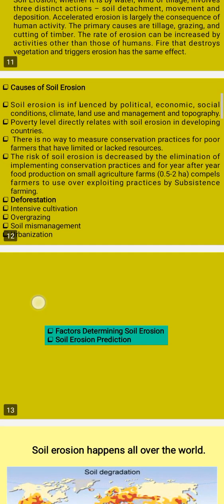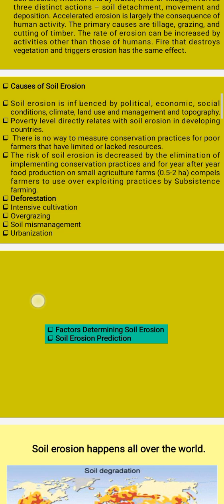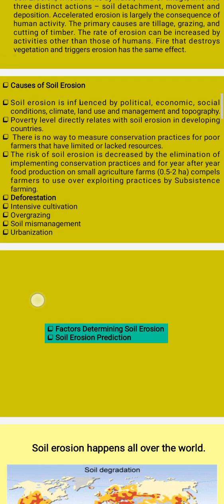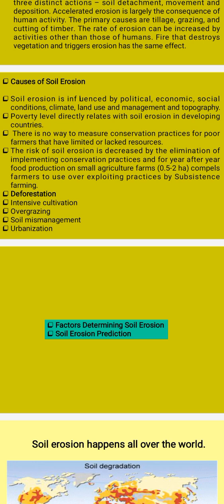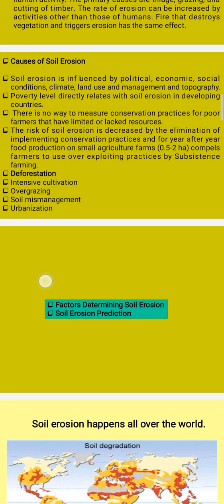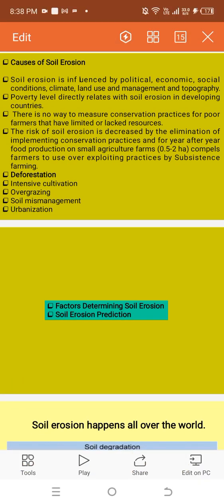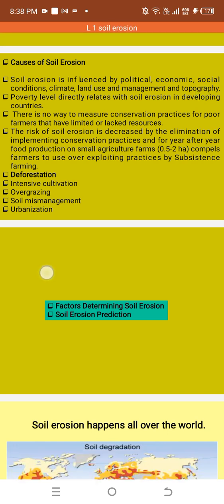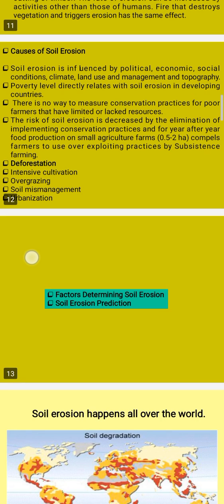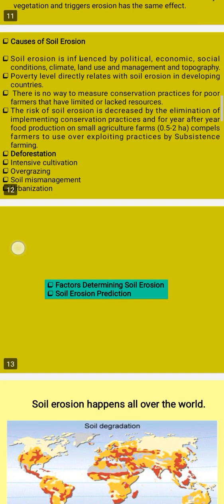Causes of soil erosion. Soil erosion is influenced by political, economical, social conditions, climate, land use and management, and topography. Poverty level directly relates with soil erosion in developing countries. There is no way to measure conservation practices for farmers that have limited or lacked resources.